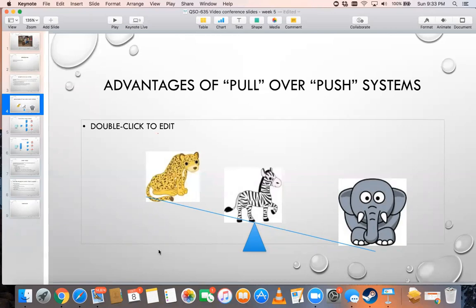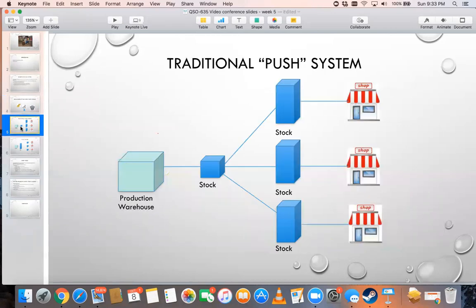But there are other strategies involved. So now I'm going to go over to traditional push systems. I mentioned this for the most part. This is where we talk about centralizing stock. In this example, you have your production warehouse. And in between, you've got two locations that you have stock. One stock is near the production warehouse, and one set of stock is near the shop.